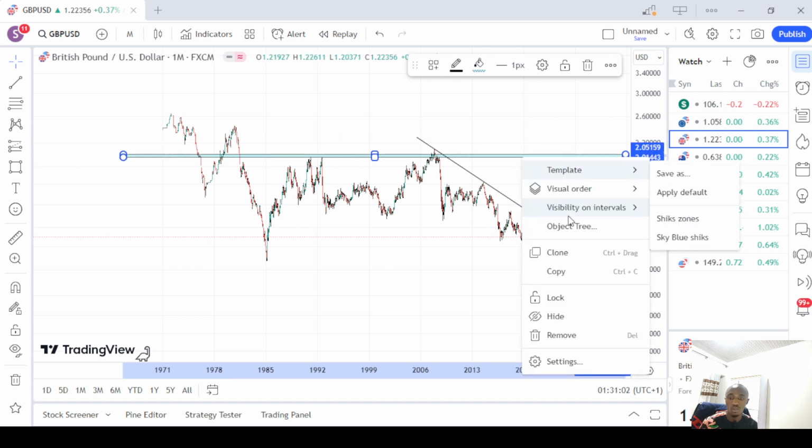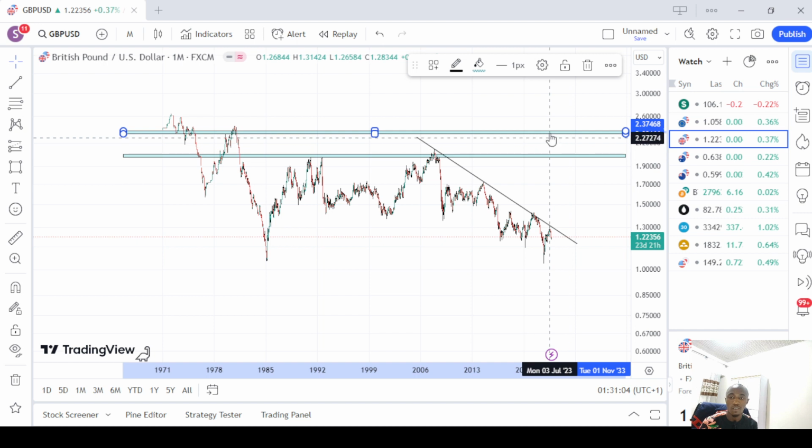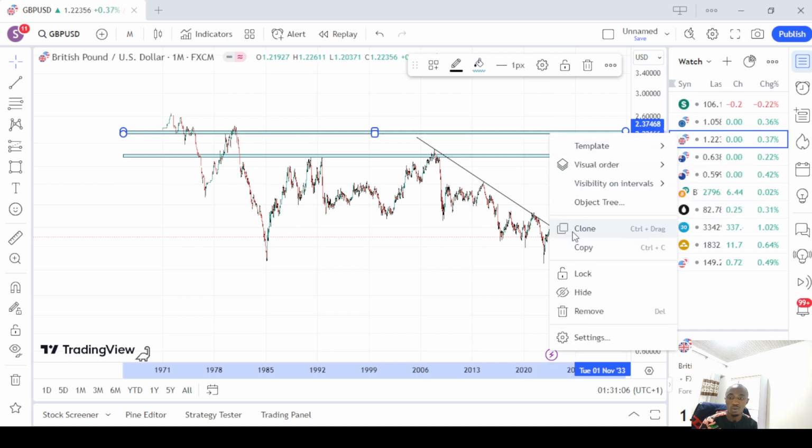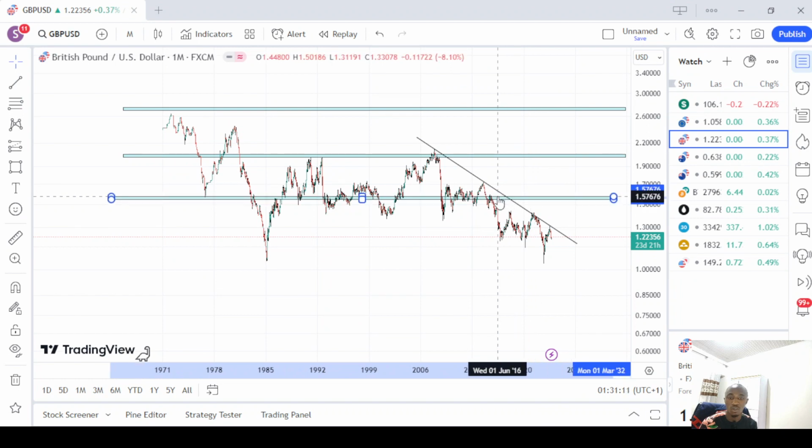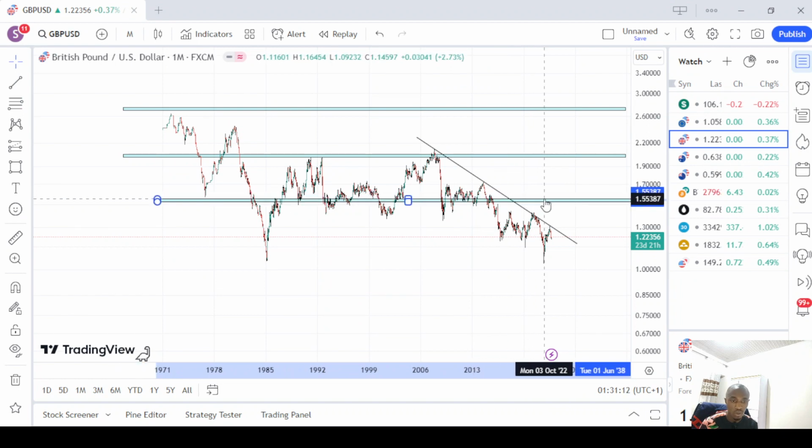Then I clone, take the second clone, bring it right here.